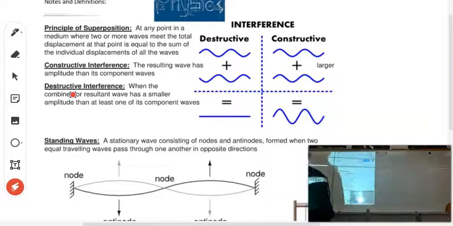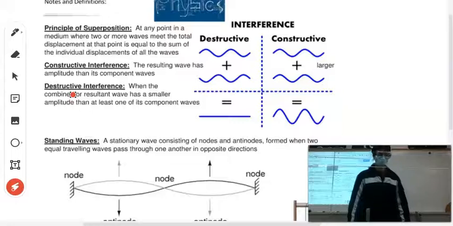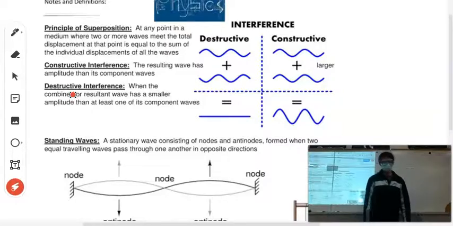You've seen it before. Looks like this. It's called a standing wave because it looks like it's standing still. I mean, you can clearly see right here is an area of destructive interference. At that point, the string never even moves.